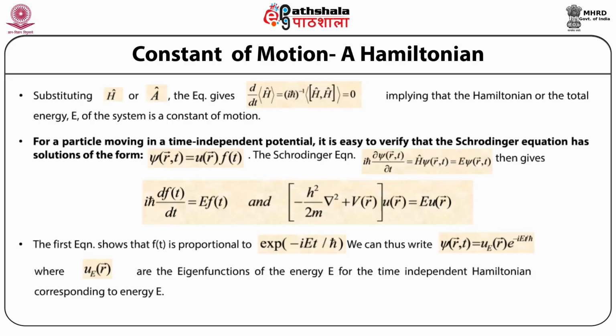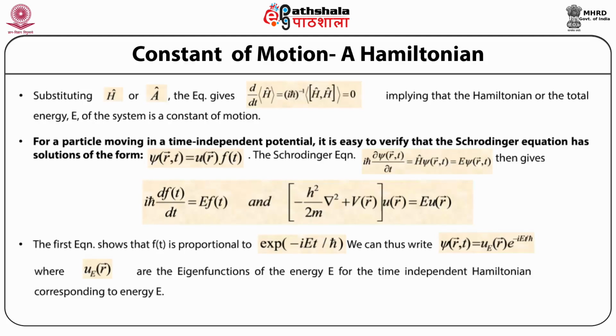h cross times time derivative of the state vector psi t, or the ket vector psi t, is equal to Hamiltonian operator acting on the ket vector psi t, that is the ket vector psi as a function of time t.